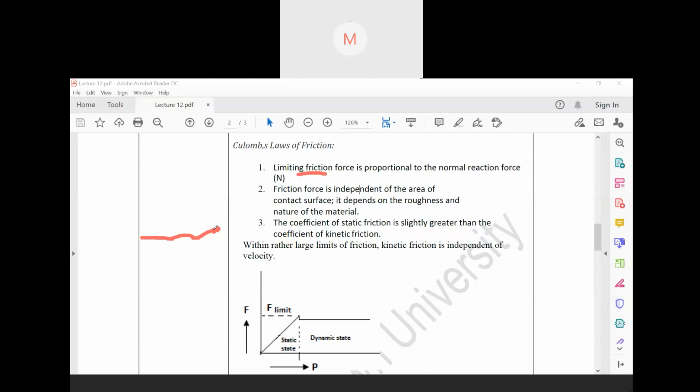That means friction is mainly dependent upon the roughness of the surface. It is not dependent upon the surface area. Is it clear?